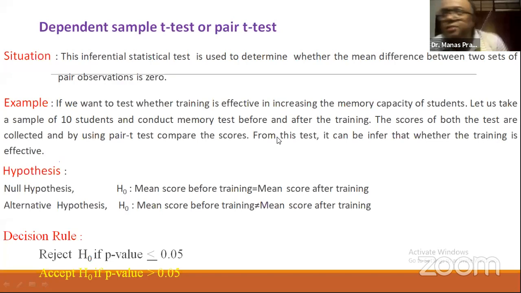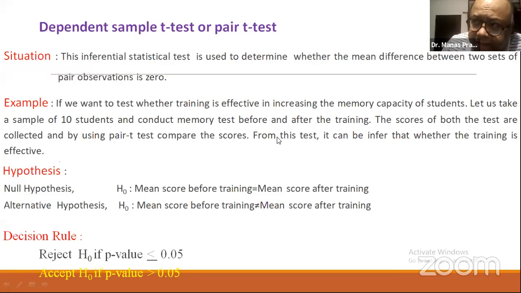That type of test is called a dependent sample test. I can give you one more example. Suppose a new drug is discovered for controlling blood pressure. So we have to check whether that drug is effective or not. What we do is take a random sample and measure their blood pressure, and after measuring, I give medicine to them, and after consumption of the medicine, we again collect their blood pressure measurements.